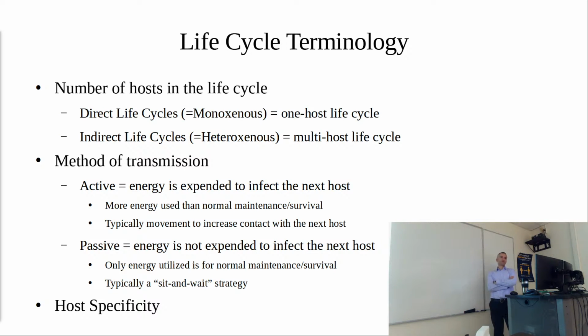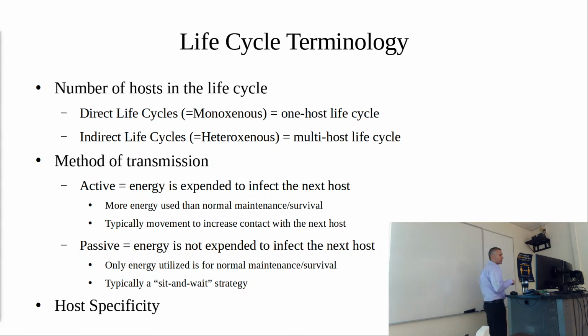These are also called direct life cycles because you're going to transmit only to one individual, only to one host species. And this host, again, remember, we refer to the host as the role that they play in the life cycle of the parasite. So in this life cycle, we only have one host that's required.